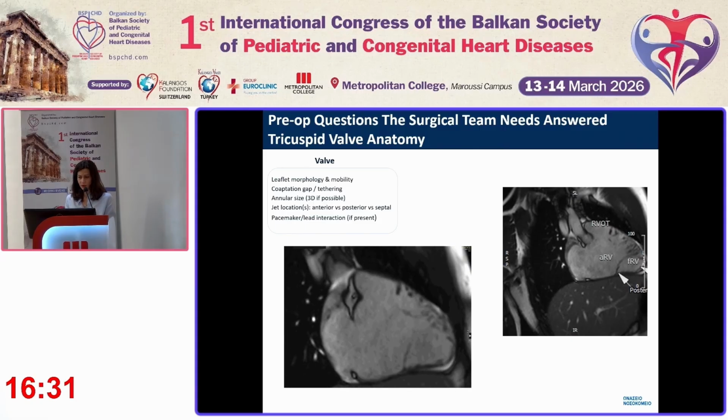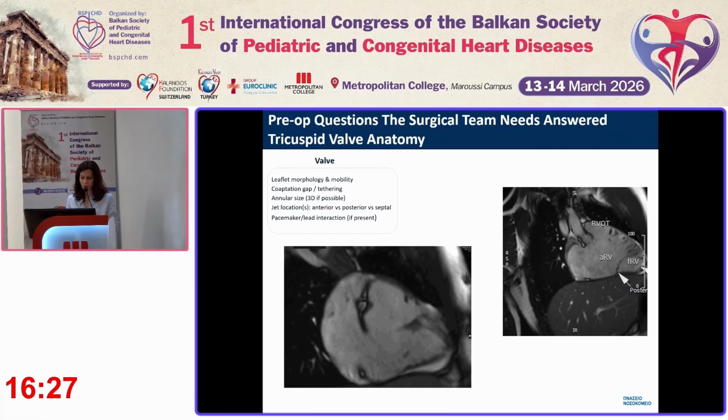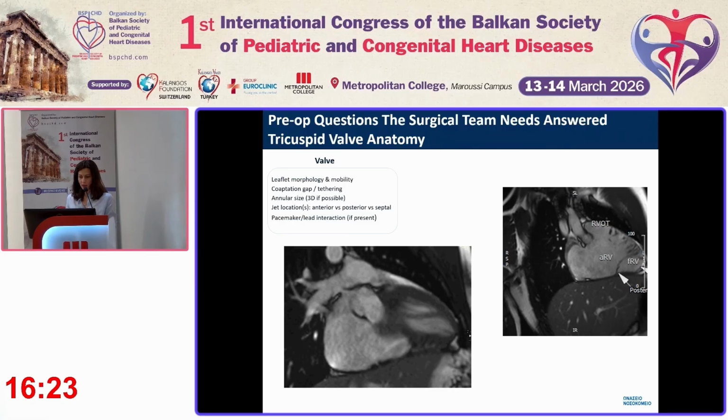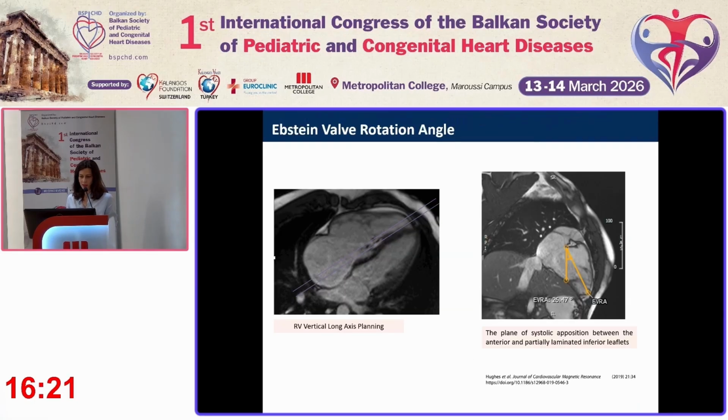There's another way to interrogate the valve. Here's a stack movie of the inflow and outflow portions of this tripartite RV in the same plane, demonstrating also the hinge points of the leaflets. And as was discussed earlier, by identifying those hinge points, we provide the surgeon with the Epstein valve rotation angle, the EVRA, defined as the plane of systolic apposition between the anterior and partially laminated inferior leaflet in the long axis.